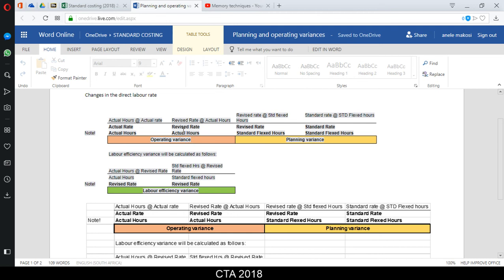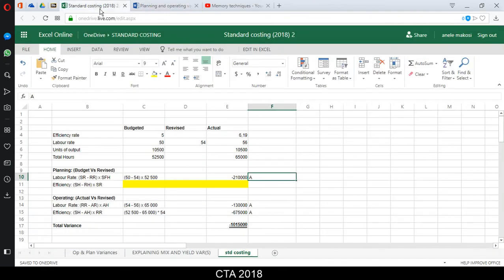So what are we looking at here? If we have the actual rate here and the revised rate, that means it's a labor rate variance, this one. That means it's the second one, this one. So we have the actual rate and the revised rate multiplied by the actual hours.